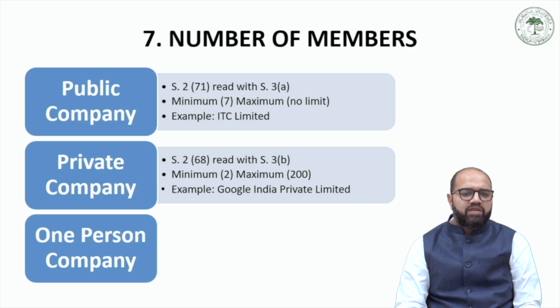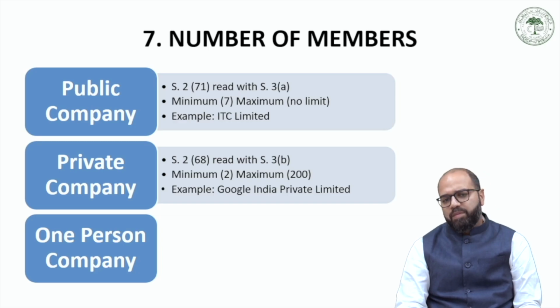Secondly, this limit is up to 200. So the maximum number of shareholders a private company can have is 200. And thirdly, a private company cannot invite members of the public to purchase the shares of the company.